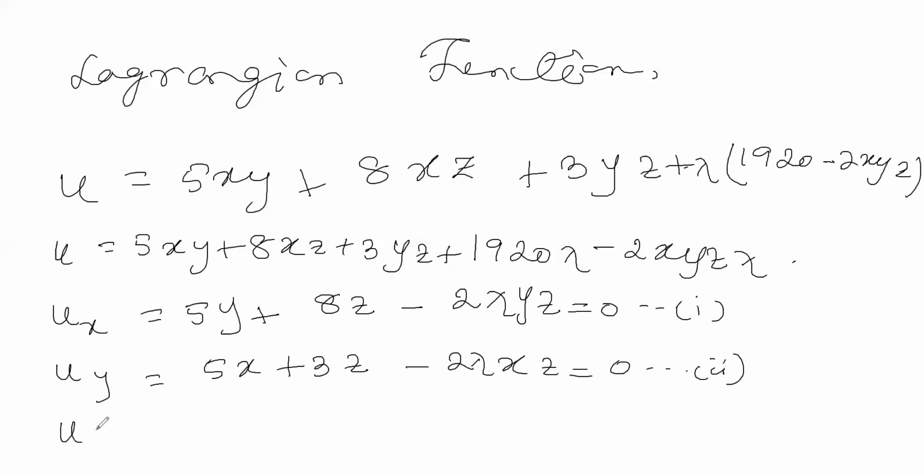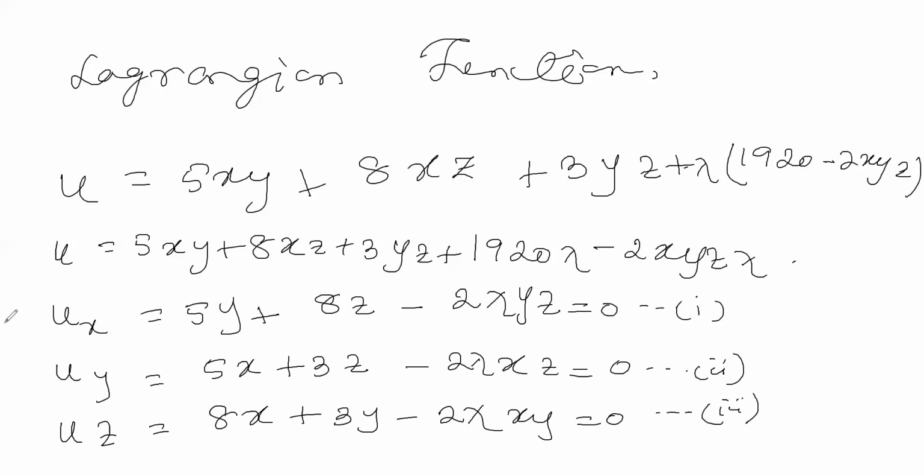Then you get uz, which is, if you differentiate with respect to z, you get 8x plus 3y, and then you get a negative 2 lambda xy. Let me write it again clearly. So you will get 2 lambda xy, which is equal to 0. Then set it as equation number 3.